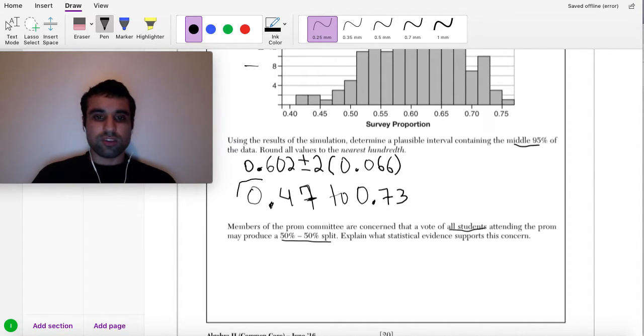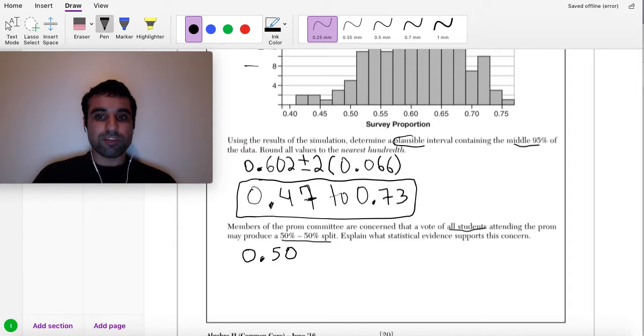Right here, guys. The 95% confidence interval, we're 95% confident that the actual proportion of all students who prefer the DJ will be between 47 and 73%. 50% refers to 0.5 or 0.50. It's in that interval. It's in the plausible 95% interval. So 0.50 is in the interval. I'll just call it the 95% confidence interval because that's what it's usually called.